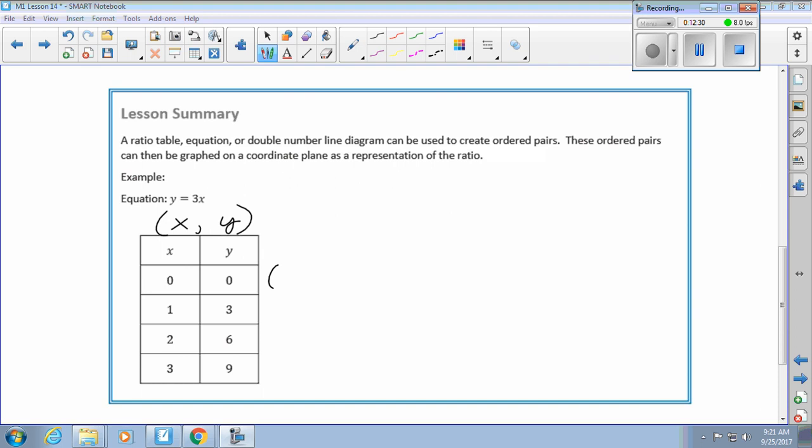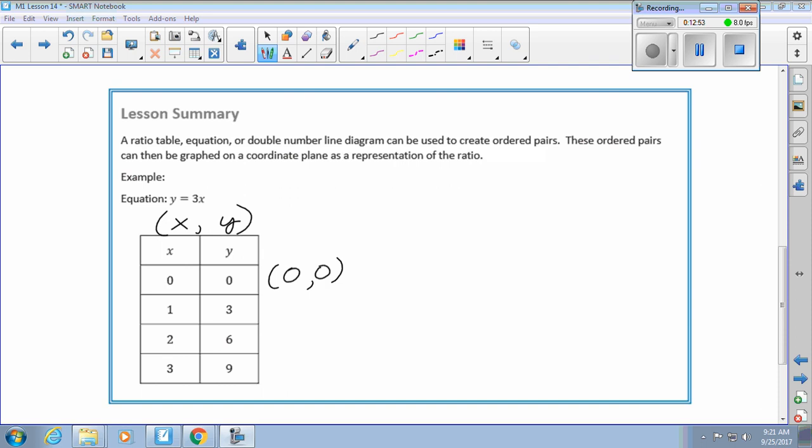All right, so if we were to write these numbers in the ratio table as ordered pairs, it would be 0, 0. Does anyone know what we call the coordinate 0, 0? Jaden? We call the coordinate 0, 0 the origin. Very good.